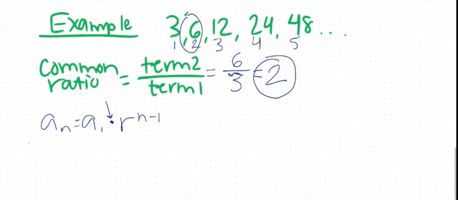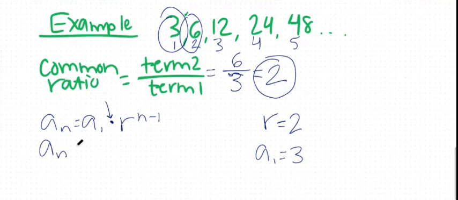I'm going to plug in what I know. So I have my ratio equals 2. My a sub 1, or my first value, is equal to 3. I see that by being the first value here. So I'm going to plug those things in. A sub n is equal to 3 times 2 to the n minus 1.